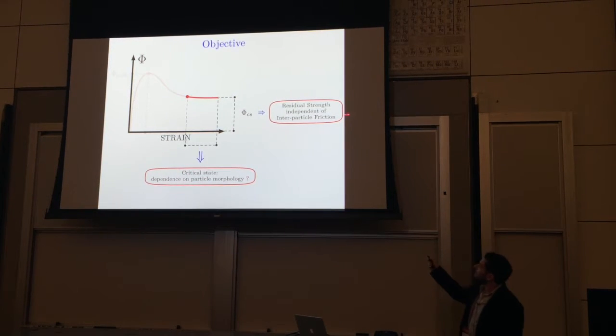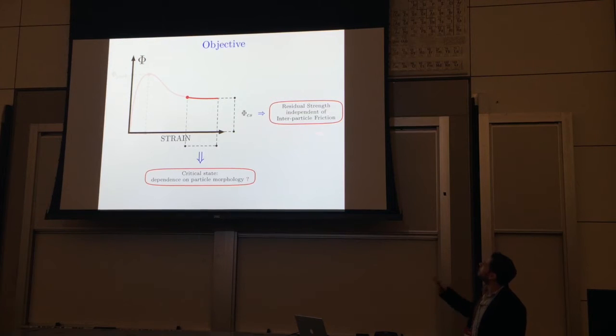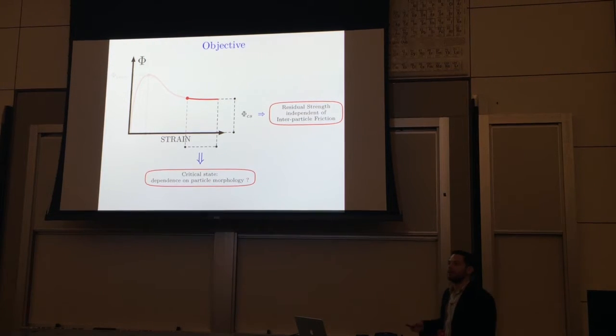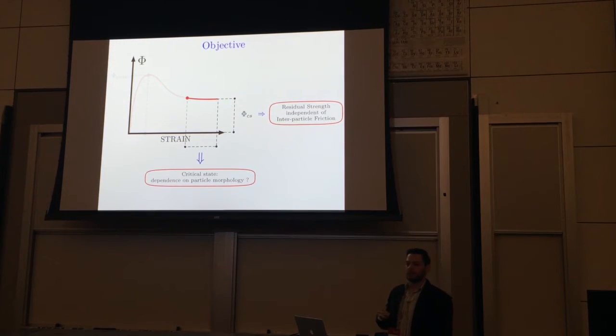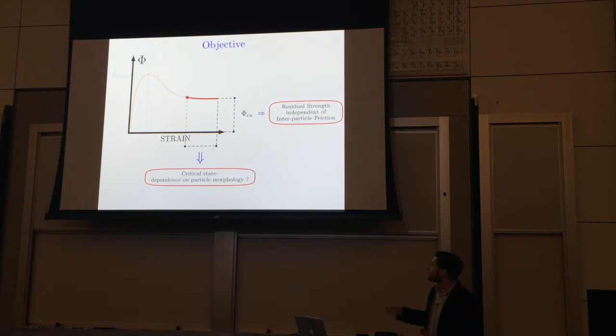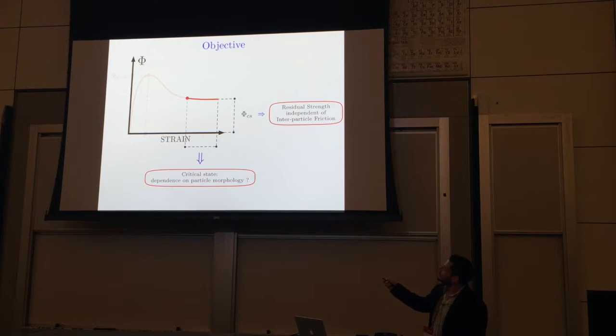Since the residual strength is independent of the interparticle friction coefficient, it should depend on something, because it changes from material to material. So we believe, and we want to study, the dependency of the critical state on the morphology of the particles.